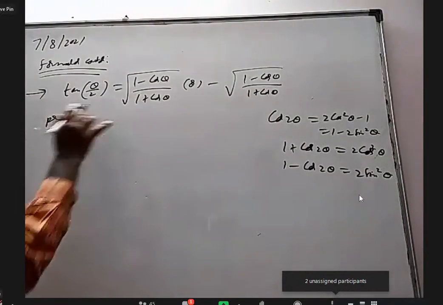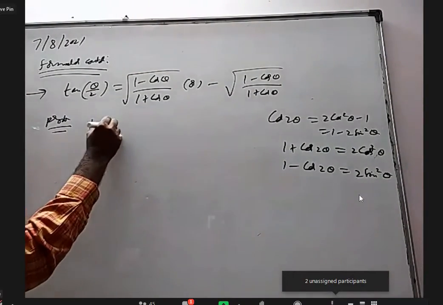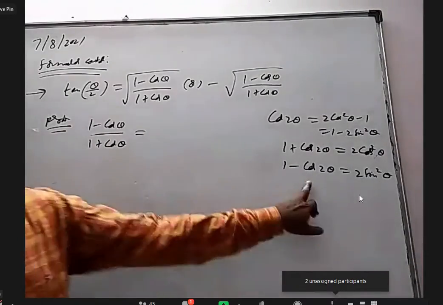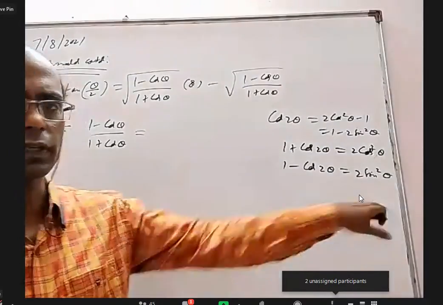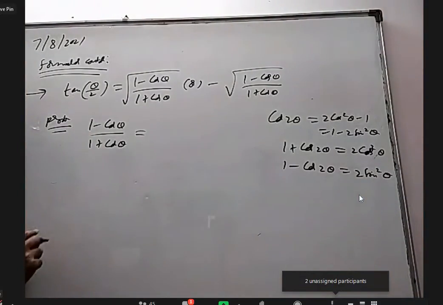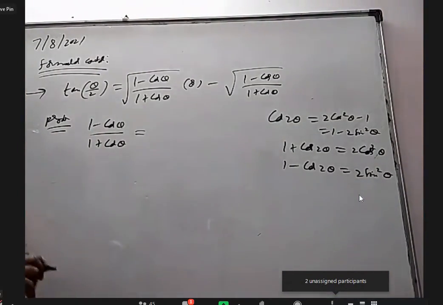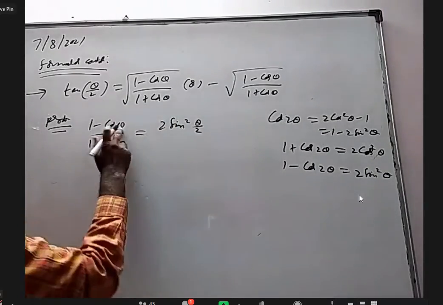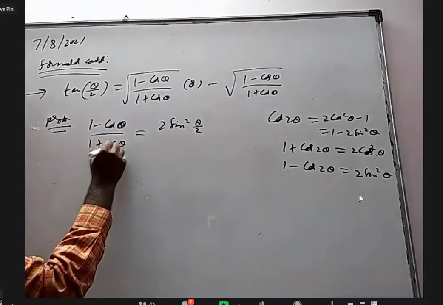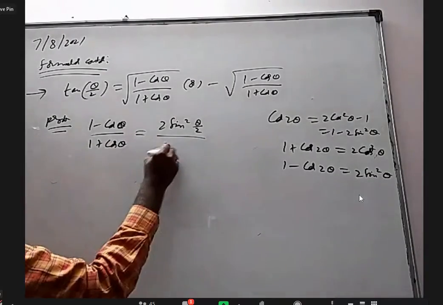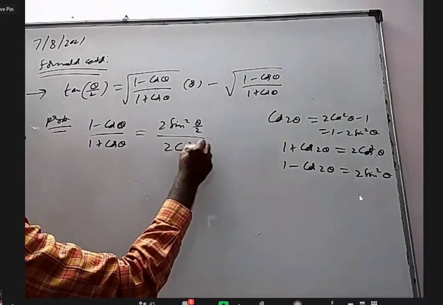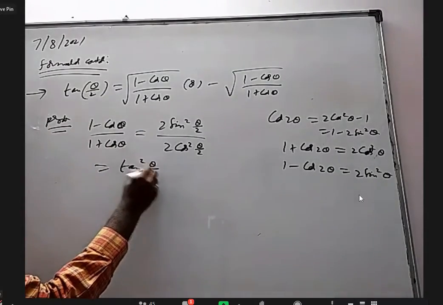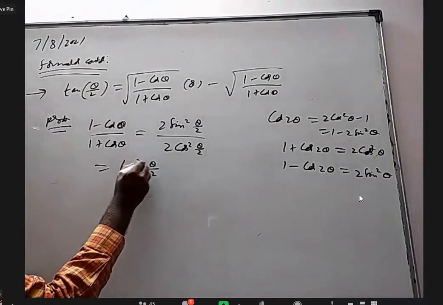Now coming to this, if I take (1 minus cos theta) by (1 plus cos theta), based on this formula, whatever is the angle, half of that will come. 1 minus cos theta, I can write as 2 sin square theta by 2, half of this angle. And 1 plus cos theta, I can write as 2 cos square theta by 2. 2 will cancel, we will get tan square theta by 2.